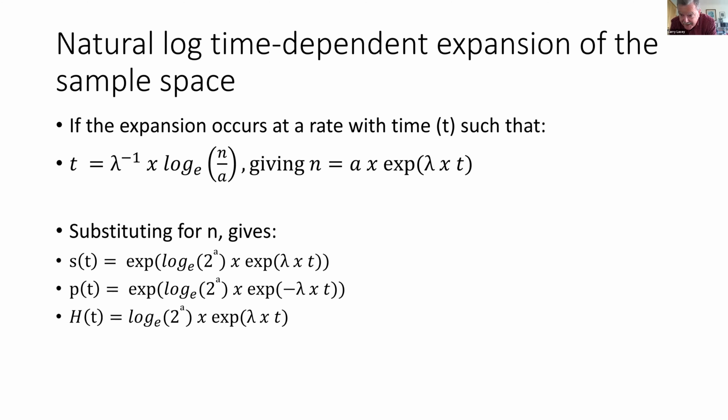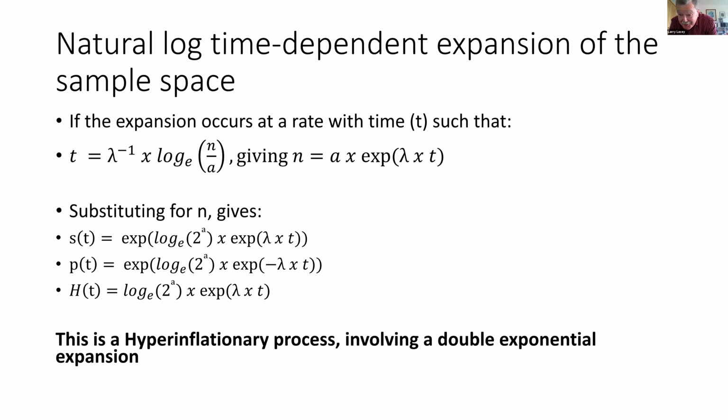You tend not to come across double exponentials too often, but you do come across them. And the word hyperinflation comes to mind, at least it did to me. So it's a hyperinflationary process. I think that's neat.